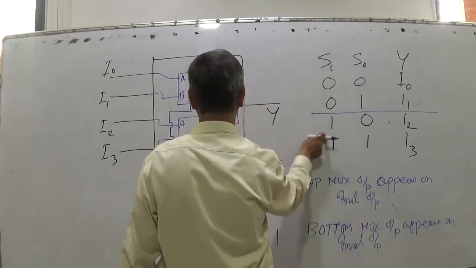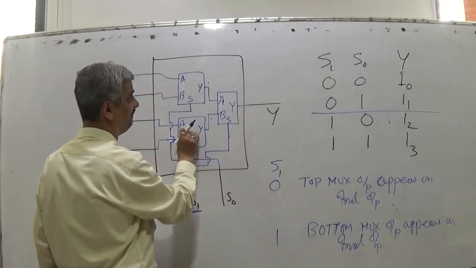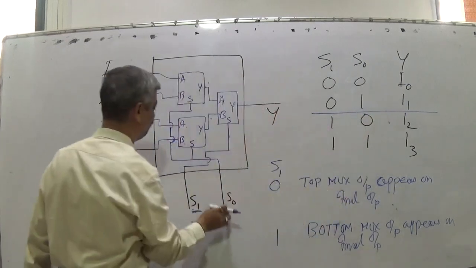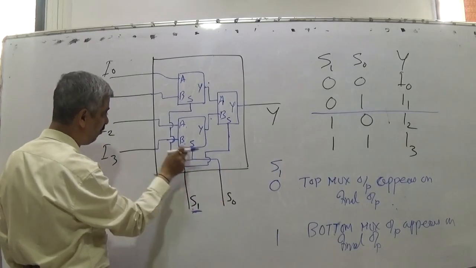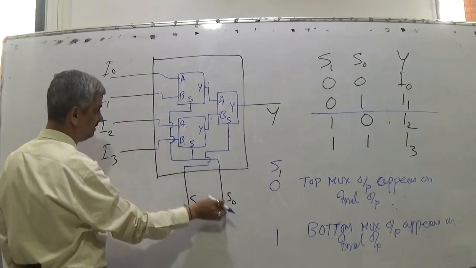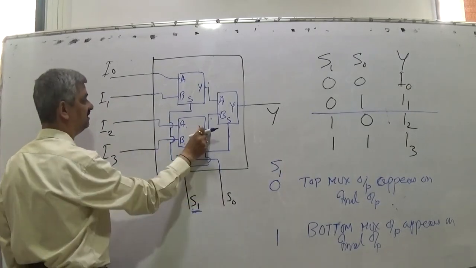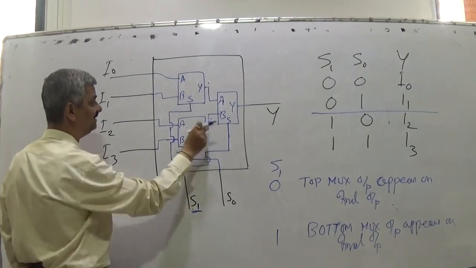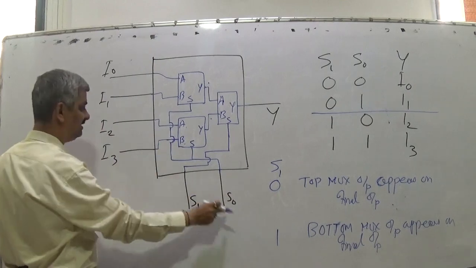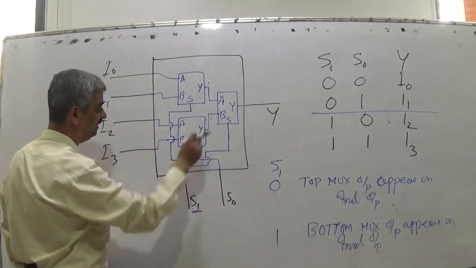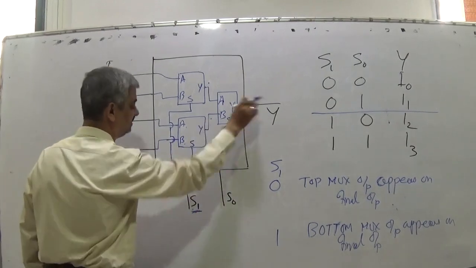When S1 is 1, this bottom multiplexer output appears here. Then if S0 is 0, I2 appears here, and when S1 is 1, that one will appear on the output. When S1 S0 is 1, 1, I3 appears here, and this appears on the output.